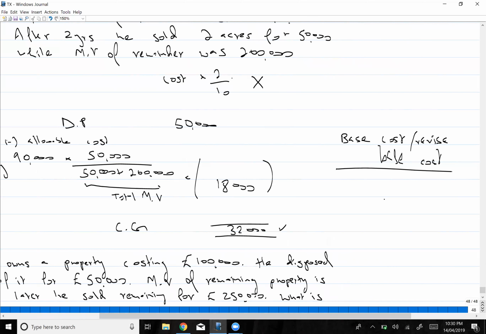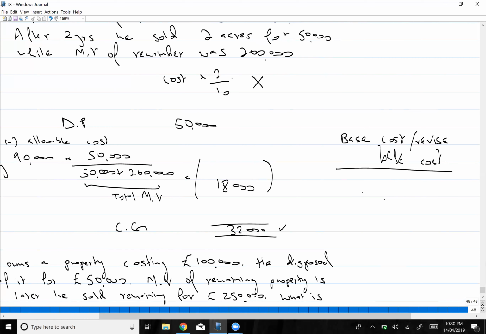So base cost simply means the cost of remaining land, because right now I have just sold 2 acres, and in the future you will sell the remaining acres.